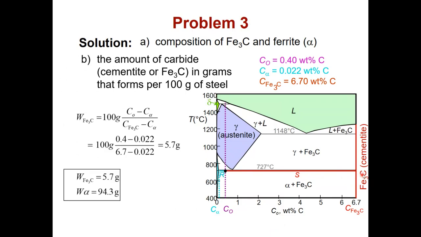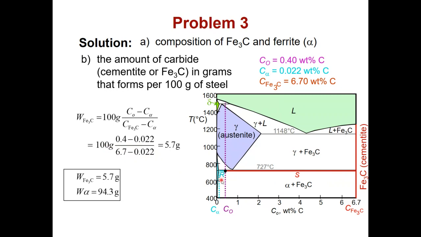So in order to apply the lever rule right here, we've got to be able to compute the overall length of the tie line starting from 0.022 going all the way to 6.7. So the difference between the two figures, which is 6.7 minus 0.022, gives us the overall length of the tie line.